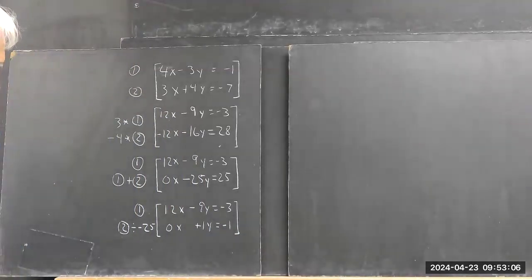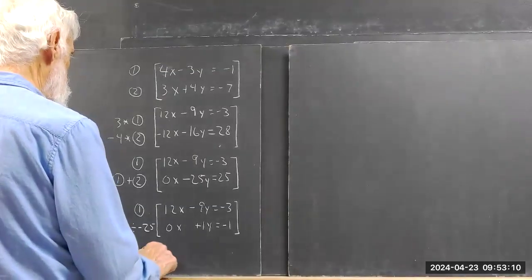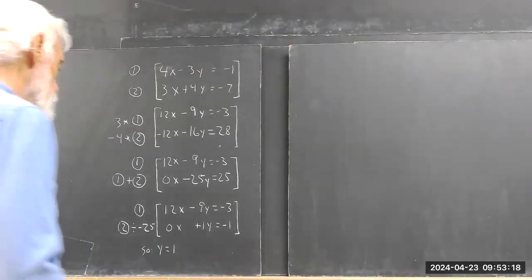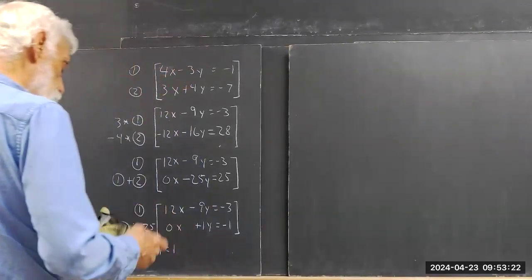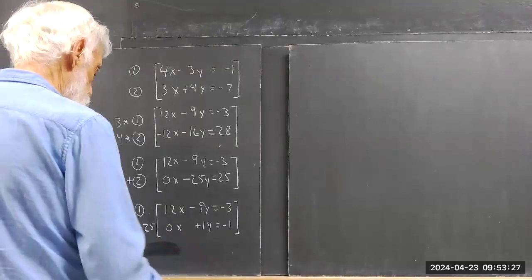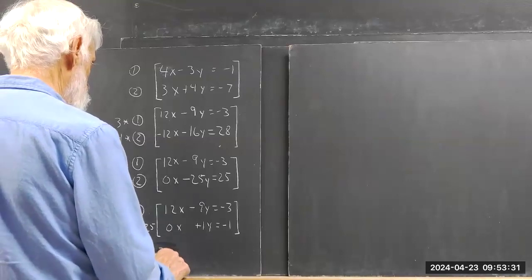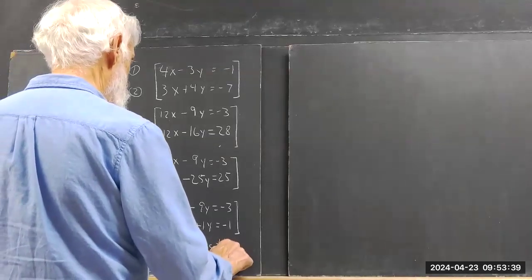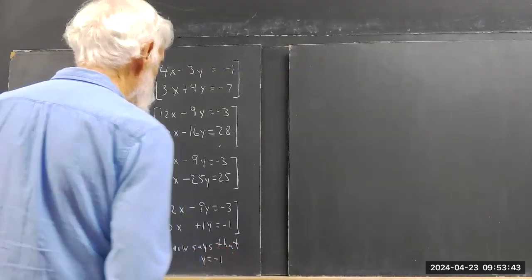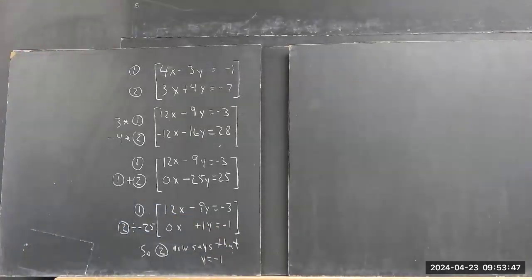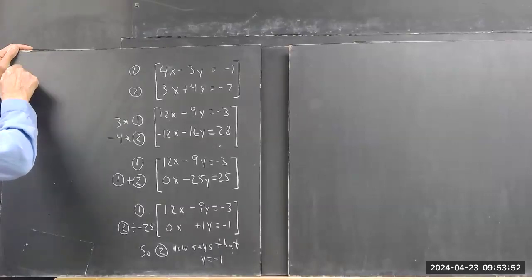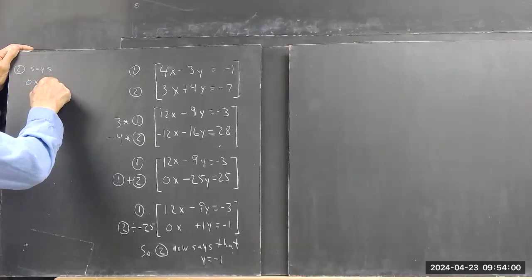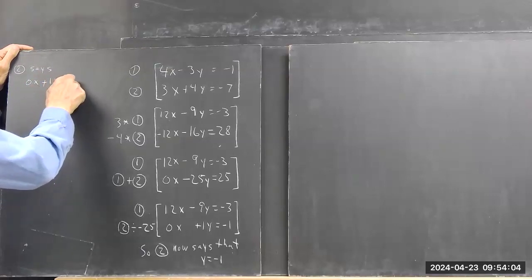Row 2 now tells us that y equals -1. So let's see again, row 2: 0x plus 1y equals -1.